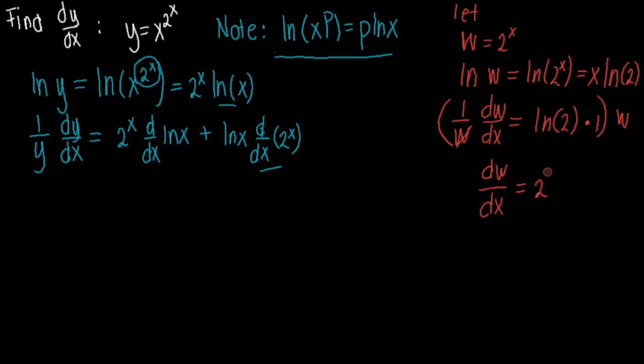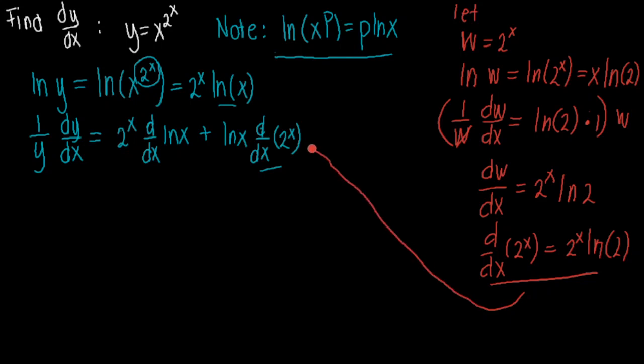That's why we'll write it down here, 2 to the x times this ln of 2. Now this is the derivative of 2 to the x with respect to x. We have 2 to the x times ln of 2, and we'll plug that in here, and let's proceed with our problem.